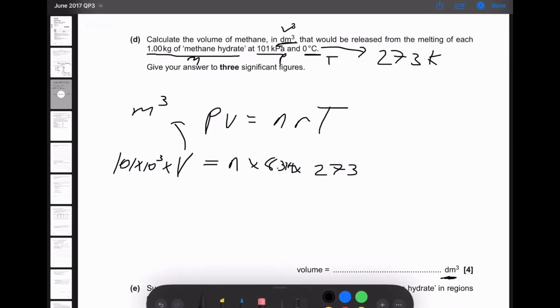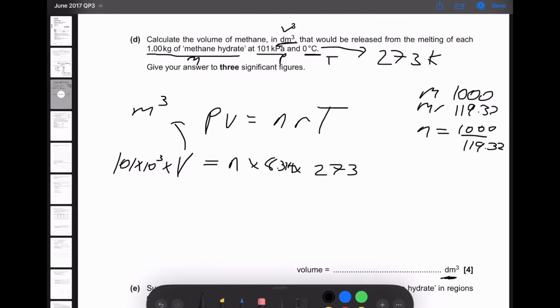So our number of moles is going to be m over Mr, so it's going to be 1,000 grams over 119.32. So number of moles is equal to, let's just leave it as that, 1,000 over 119.32.